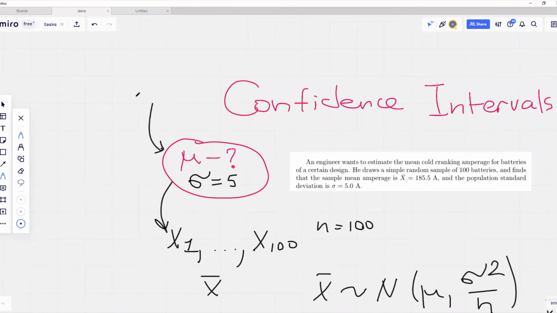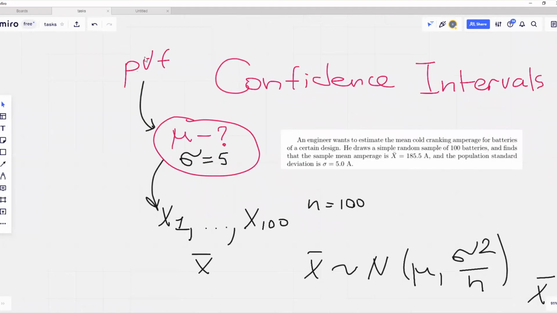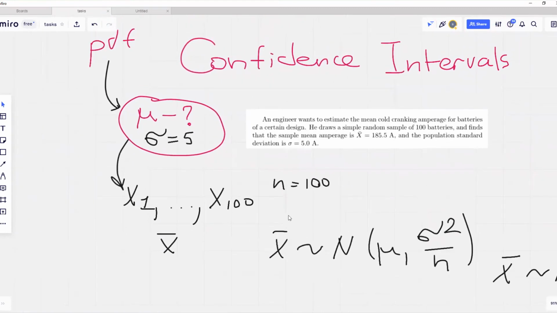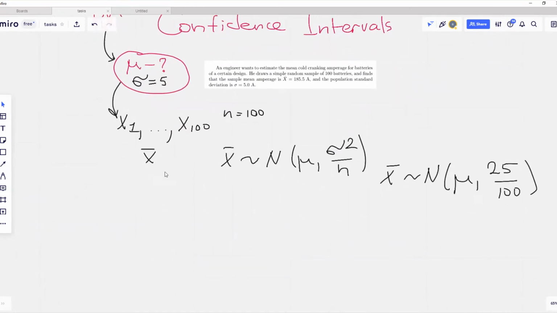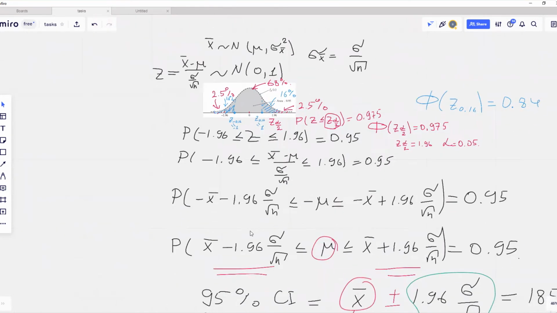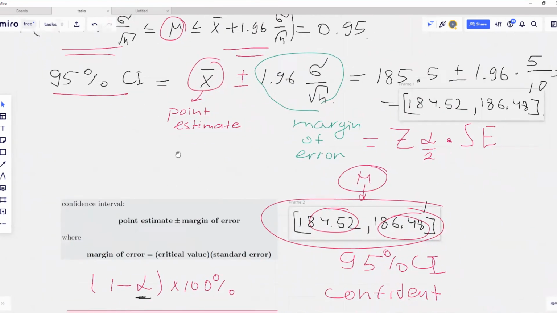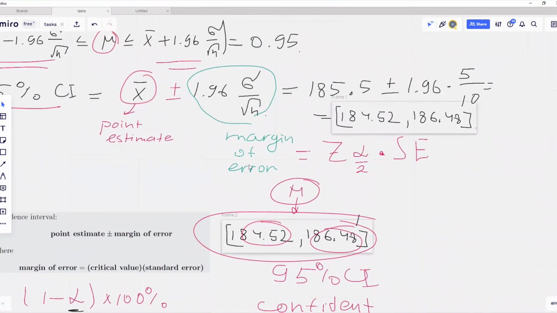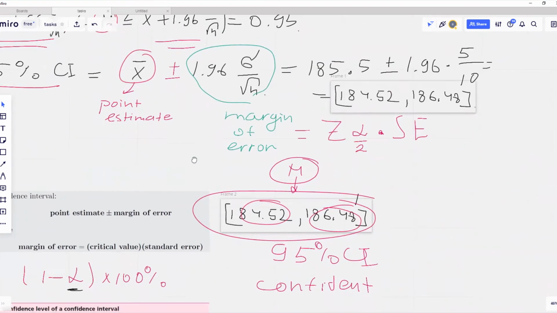We didn't know the distribution of our population, but it was okay since we were allowed to use the central limit theorem here. Then we calculated X bar, our point estimate, and then we built our confidence interval around our point estimate by calculating the margin of error.